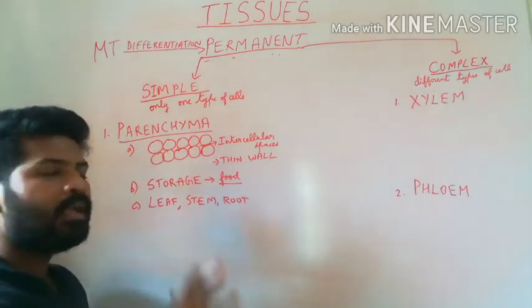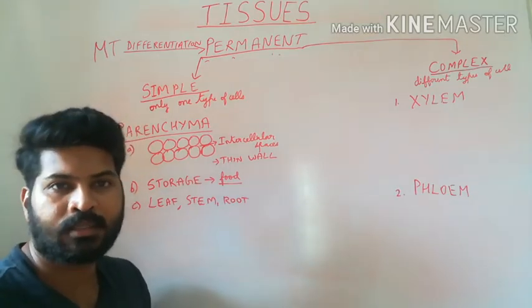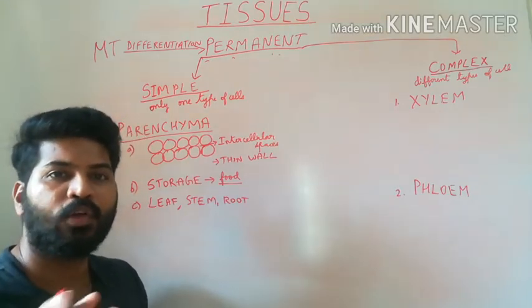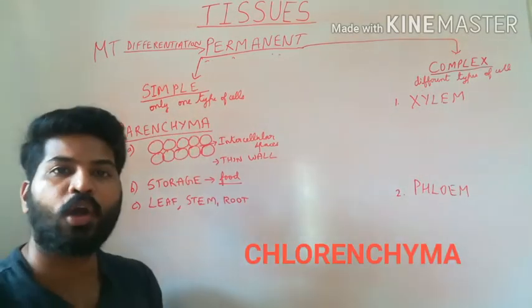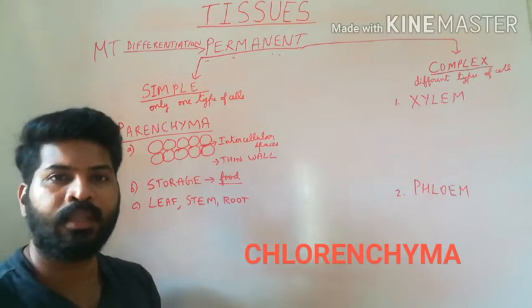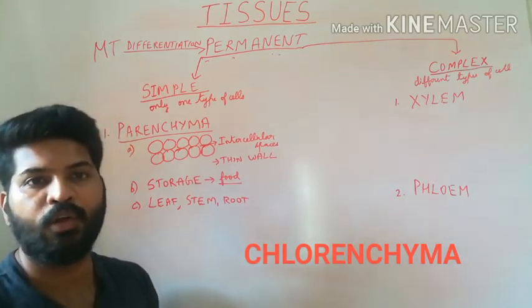If the parenchyma tissue contains chloroplasts and the chlorophyll pigment, we call such parenchyma chlorenchyma. Their main function is to undergo photosynthesis and prepare the food.